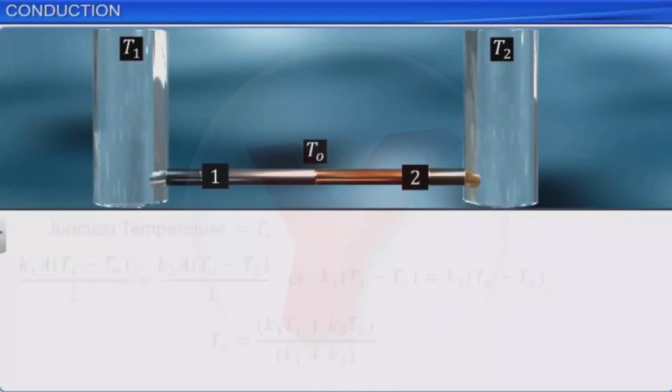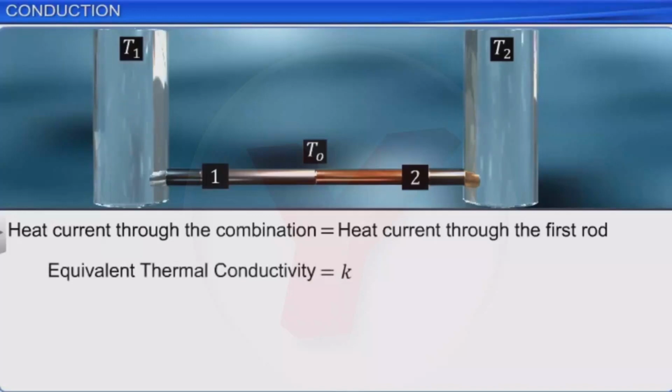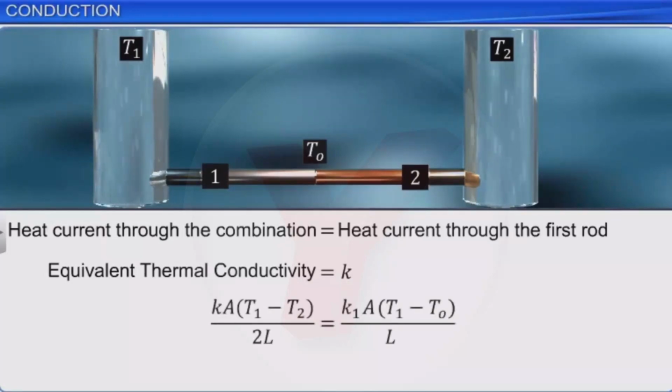Since heat current through the combination is equal to heat current through the first rod, if the equivalent thermal conductivity of the combination of two conductors is K, then we can write KA(T1 − T2)/2L is equal to K1A(T1 − T0)/L.